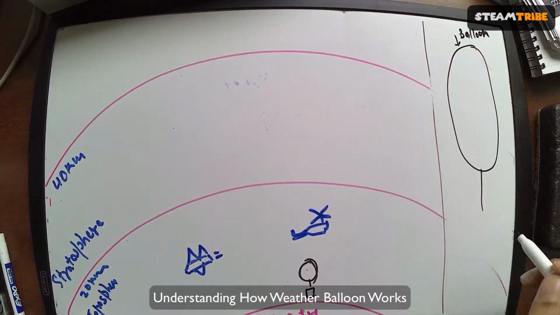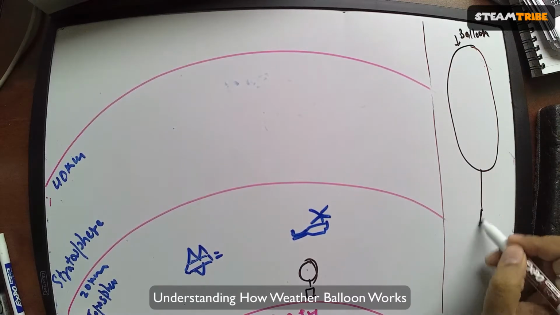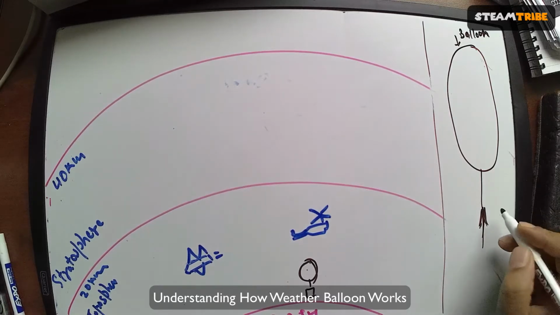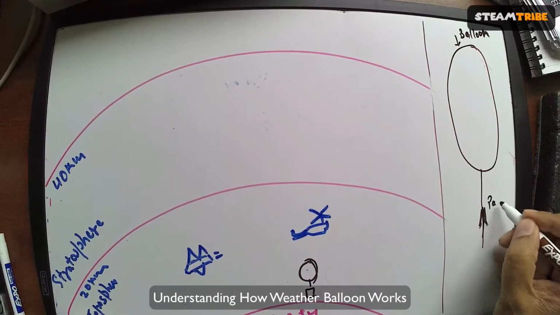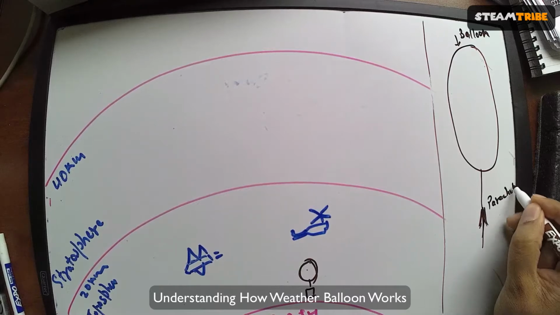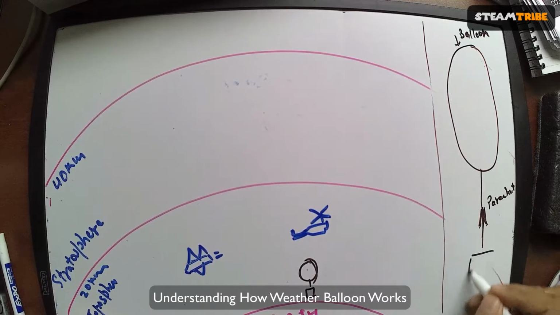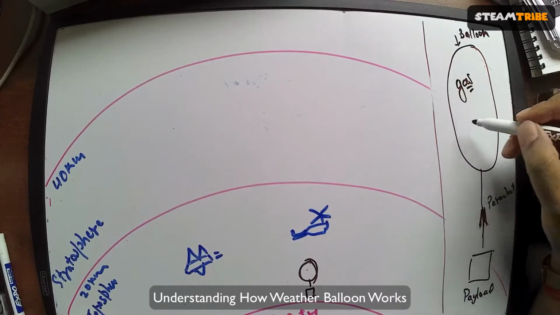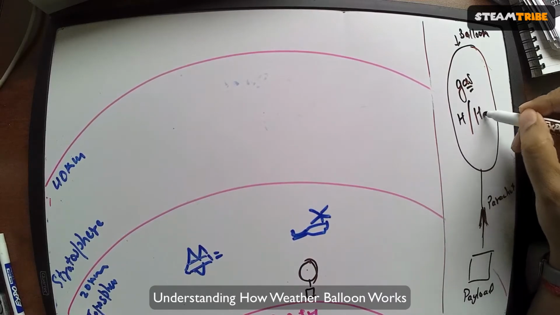Then there is a thread. Then there is a parachute, and we'll discuss why we need a parachute. And then there is a payload. And in the balloon, as we said, there is a gas, and this gas could be hydrogen or helium.